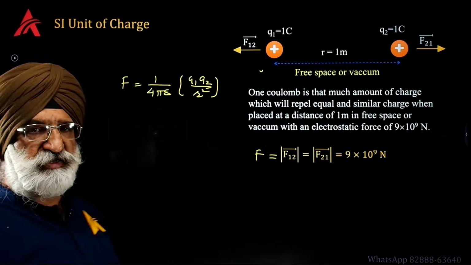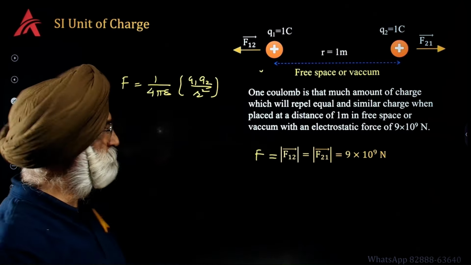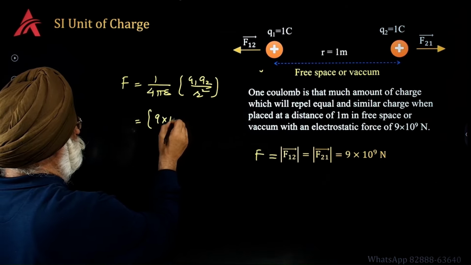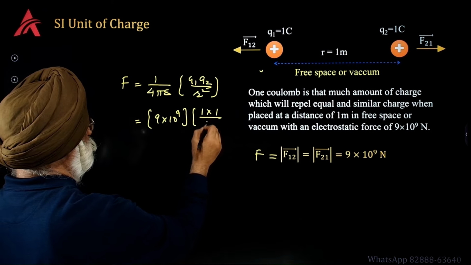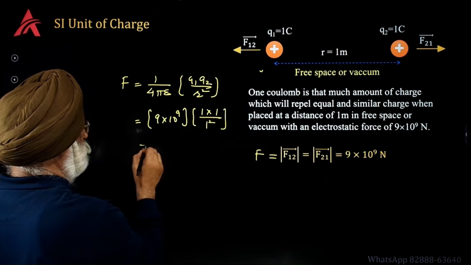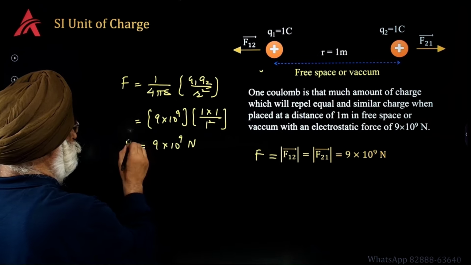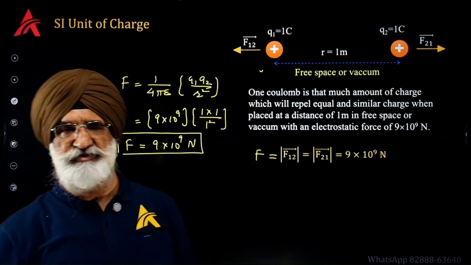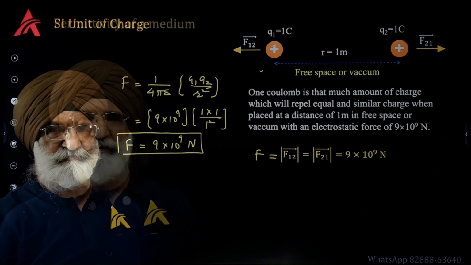This is what we get from Coulomb's law. If you substitute the values, 1 upon 4 pi epsilon naught is 9 into 10 to the power of 9, Q1 is 1 coulomb, Q2 is 1 coulomb, upon 1 meter square. That is, the force between the two charges will be 9 into 10 to the power of 9 newtons. Now this is how you define 1 coulomb of charge.